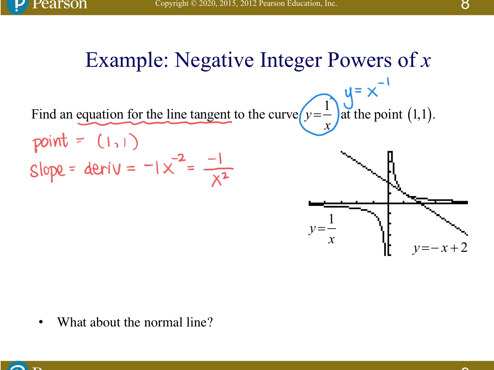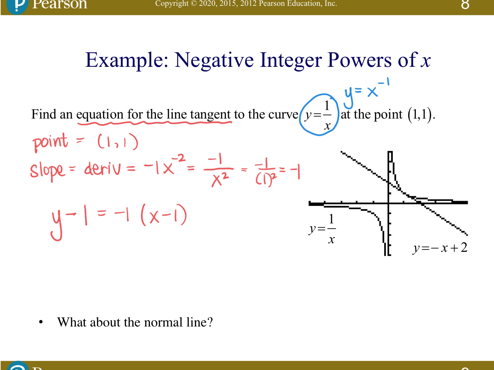The denominator will be x squared. Then to find the slope, I plug the value of 1 into that. So negative 1 over 1 squared, or negative 1. So my tangent line will be y minus 1 equals a slope value of negative 1 and x minus 1. So that's my tangent line.